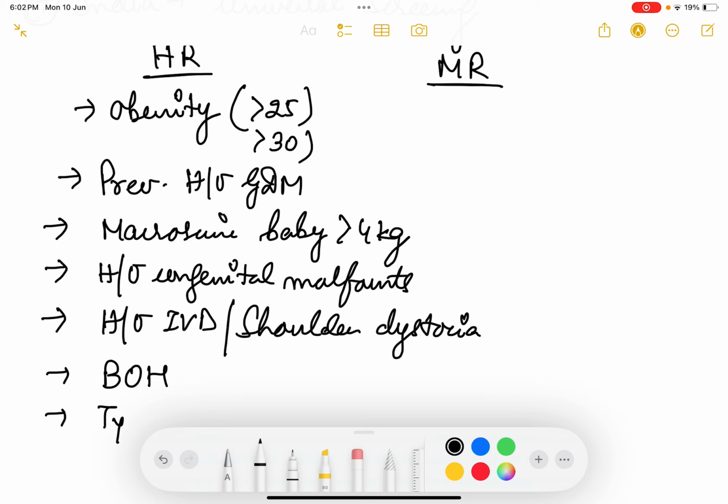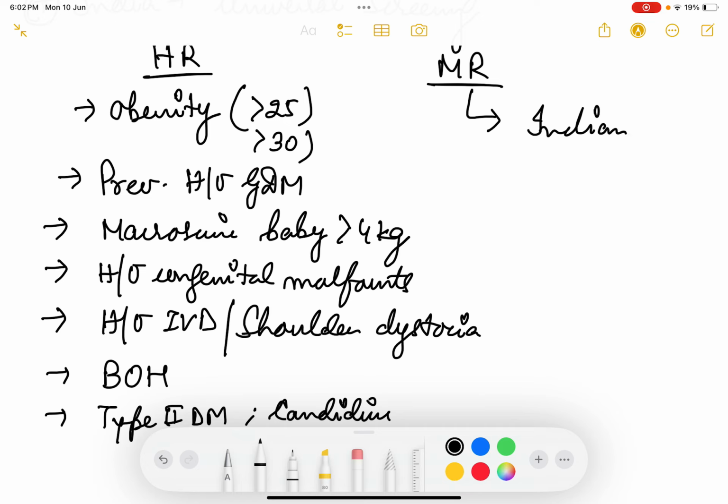Also patients who have type 1 or type 2 diabetes mellitus in their family members or if they are having recurrent candidal infection, candidiasis, then they are at high risk of diabetes and they should be screened.